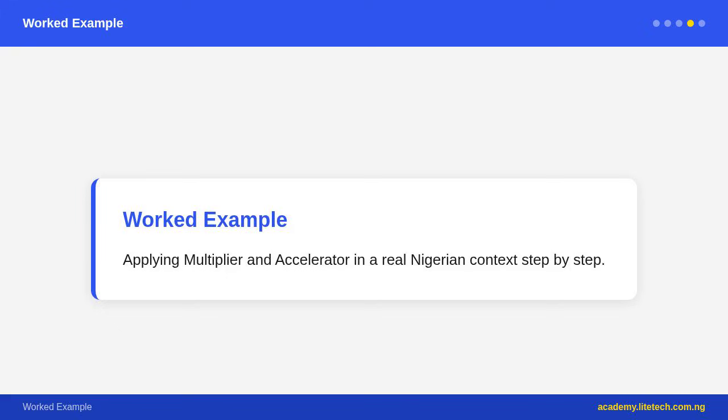The multiplier and accelerator interact to create cycles of boom and recession. When investment rises, perhaps triggered by a new technology or government infrastructure spending, the multiplier expands national income by a multiple of the initial injection. The rising income then triggers the accelerator. Firms need more capital to serve the higher demand, so investment rises further.